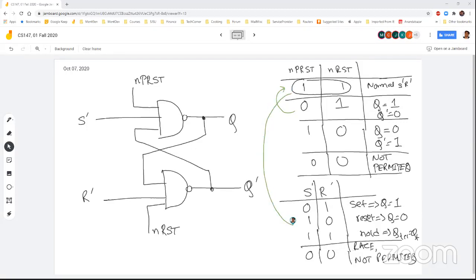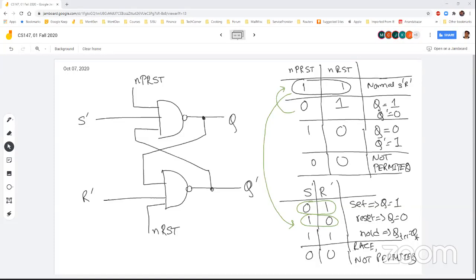So if at that point it is 0 and 1, a set condition, we know what the outcome is. Irrespective of whether we set or reset that latch, it doesn't matter, it will set the value anyway. And we all know if it is a reset condition, no matter what preset reset did to the output of the circuit, Q will be reset to 0.